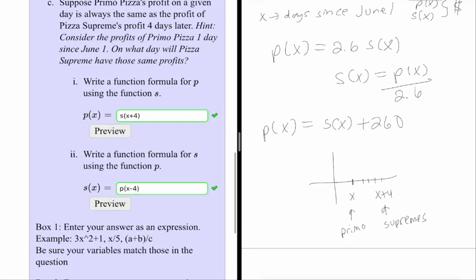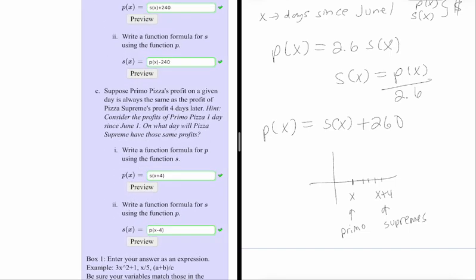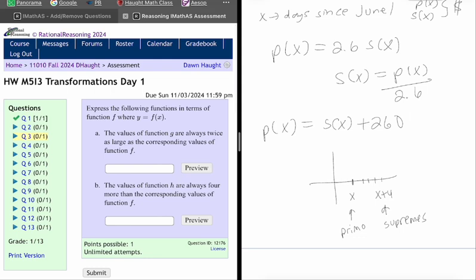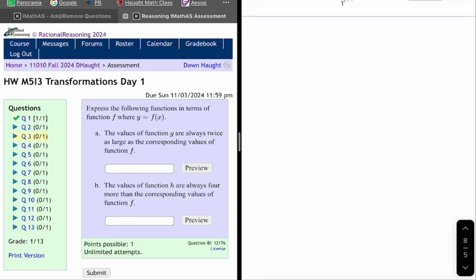So that's question 1. Now question 2 is almost exactly the same, so we're going to jump to question 3. Question 3 says the values of function g are always twice as large as the corresponding values of the function f. That's the output.